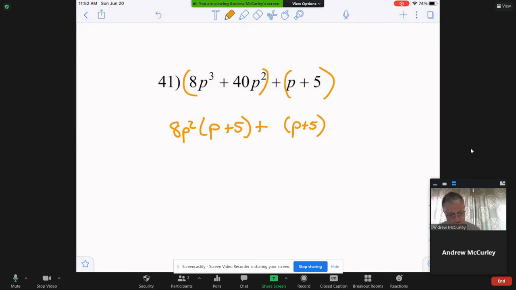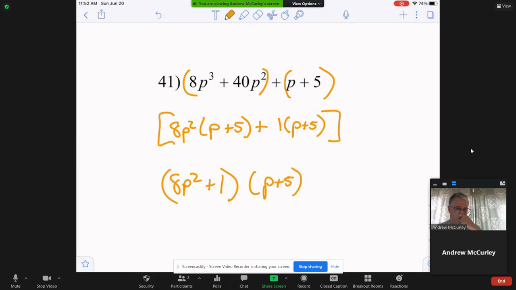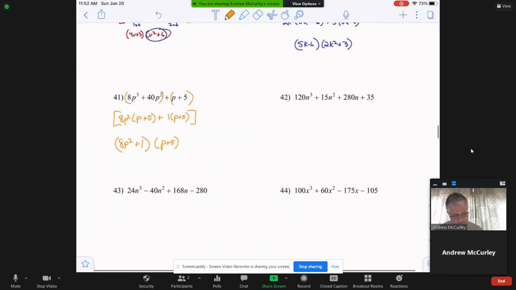Put a 1 there. So now when I do that factoring like this, I've got 8p squared plus 1 times that p plus 5. Okay? The big mistake you'll see there is it'll be 8p squared times p plus 5. That's not right. You got to count that 1 term on the p plus 5. All right.